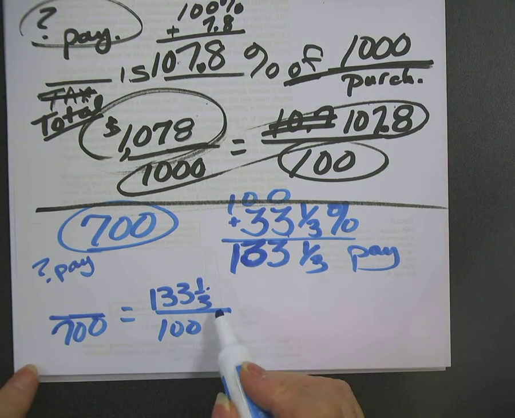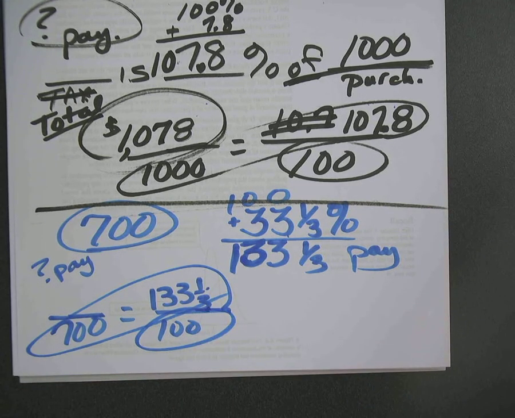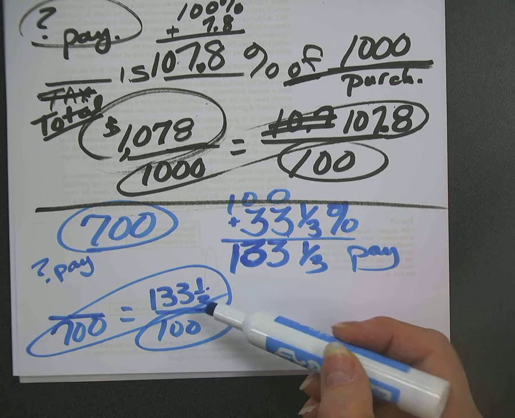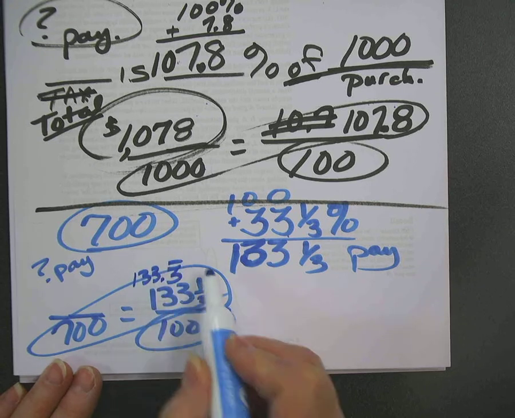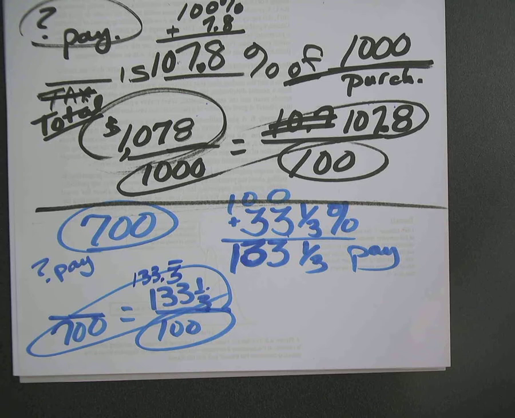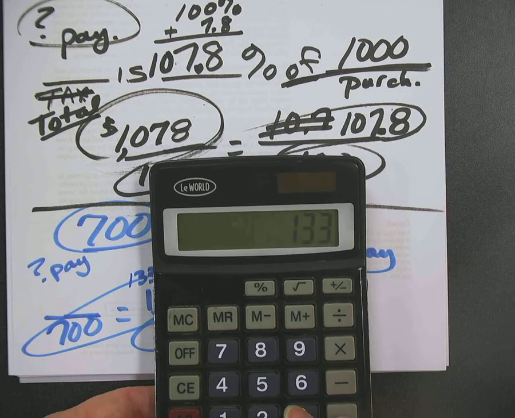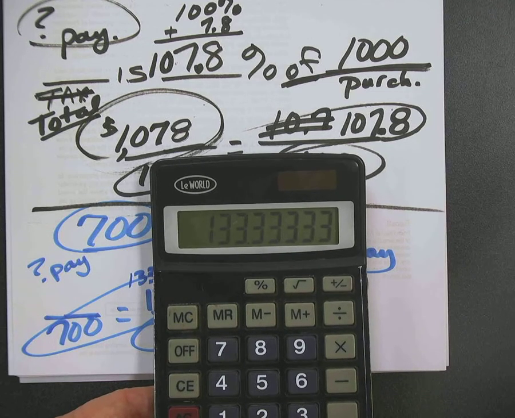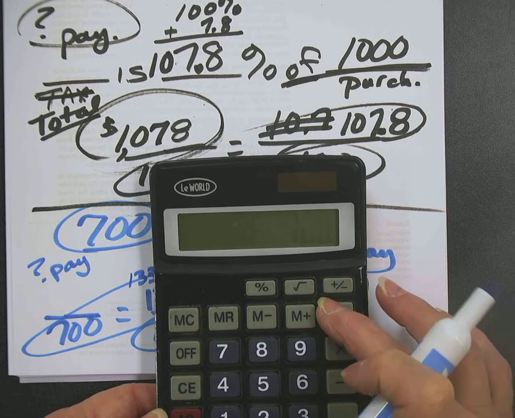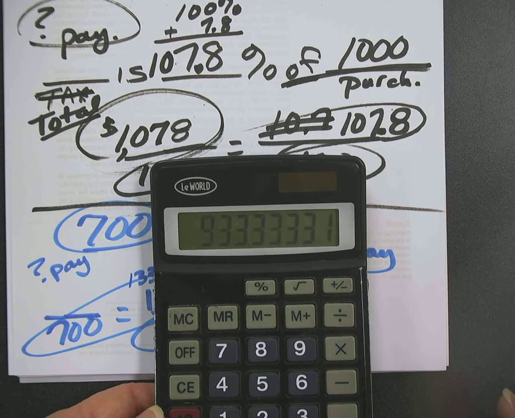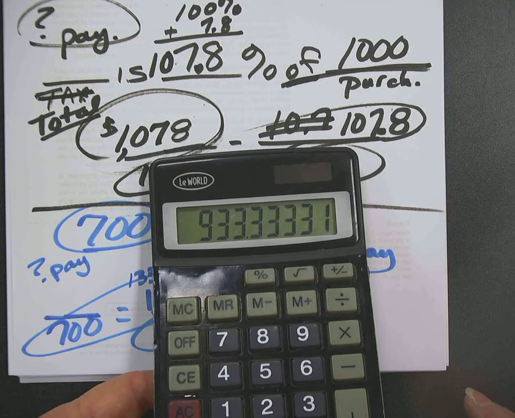Okay, so we have this times this divided by 100. We have a fraction going here. You could do 1 divided by 3, turning it into a decimal, which means 1/3 keeps going and going with 3's. So what you would do in a calculator, it's not going to be exact, 133 point, put as many 3's as you can, times your purchase, divided by 100, oops, 933.3 repeating.